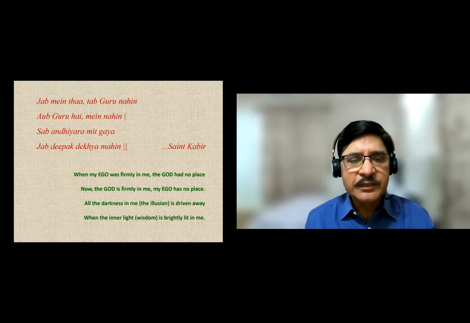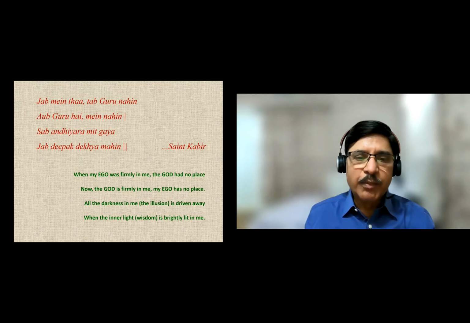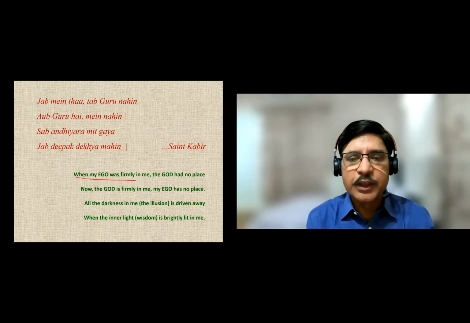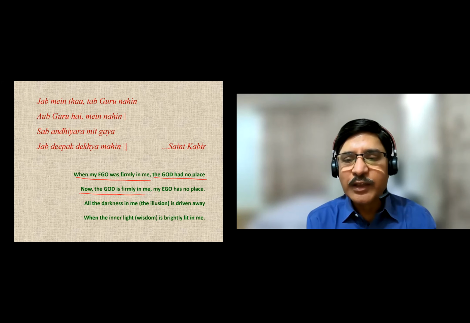What does it mean? When my ego was firmly in me, "jab main tha", main means the ego, the God has no place. Guru nahi. Now, "ab Guru hai": now I am the abode of the Almighty, my ego has no place.